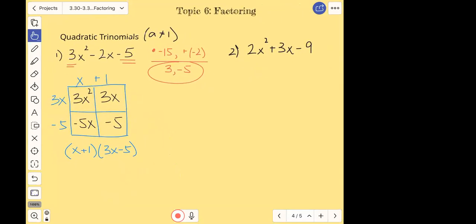Okay, go ahead and write down example 2. I'm going to go back to being able to see you in the gallery view on Zoom. So write down number 2, and then we can work through it together.